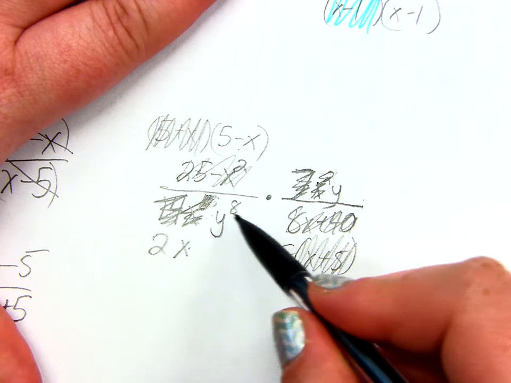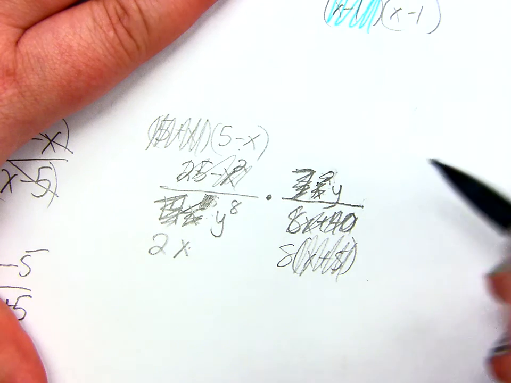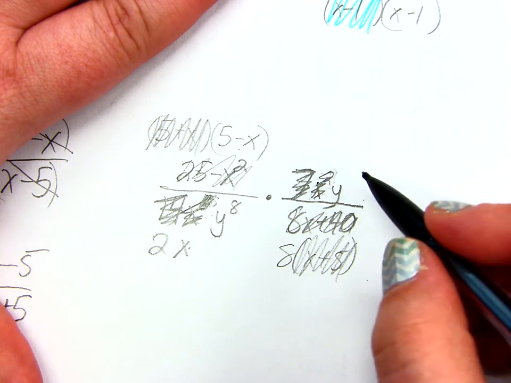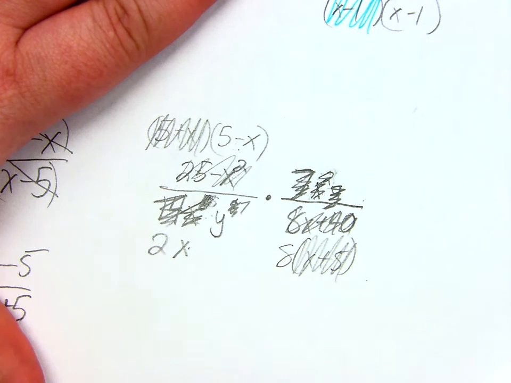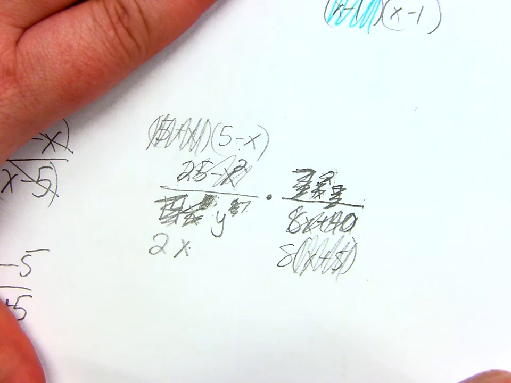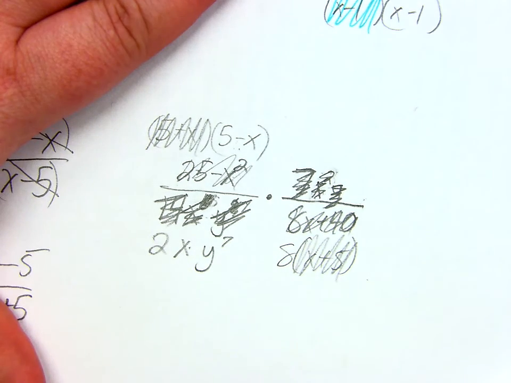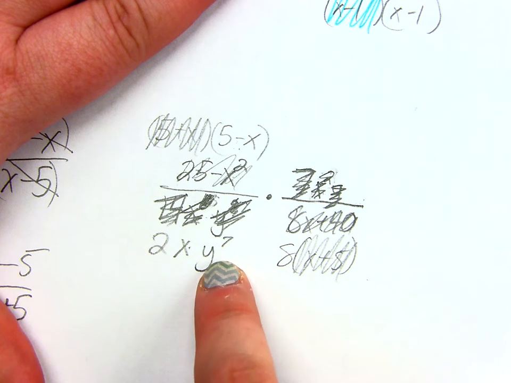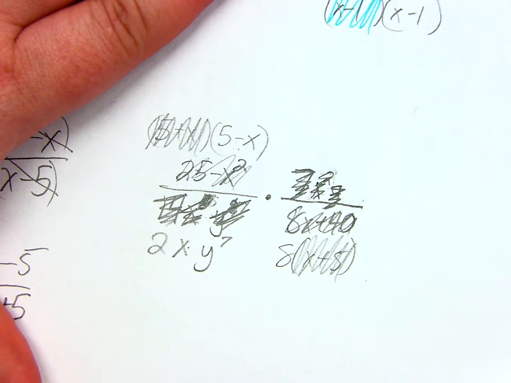Same thing here, they'll do y over y to the 8th, which would get me y to the 7th on the bottom. So I do not recommend that you do this, because they almost always don't see the 7. They think it's just a y. Don't do that. Just cross the whole thing out and write it fresh. So then you're not going to miss that. Just my advice.